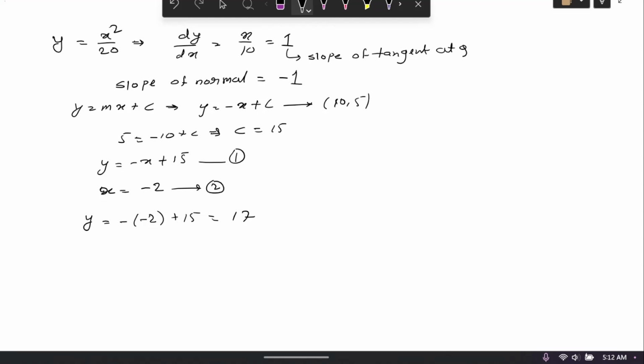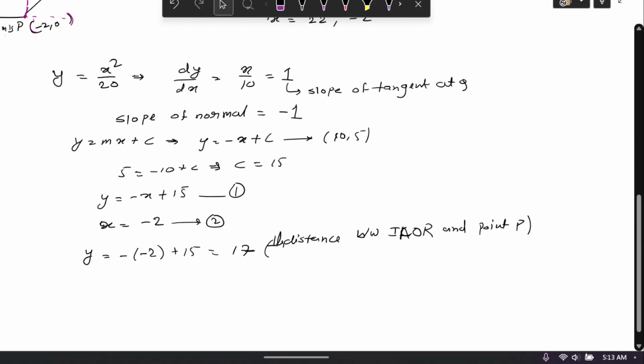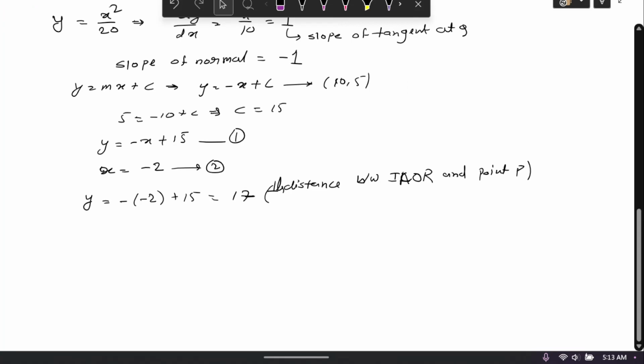So now we got y is equal to 17, which is the distance between the instantaneous axis of rotation and point P. Actually, this is not just distance, it is the perpendicular distance from the point P. So this is the radius of rotation, small r.